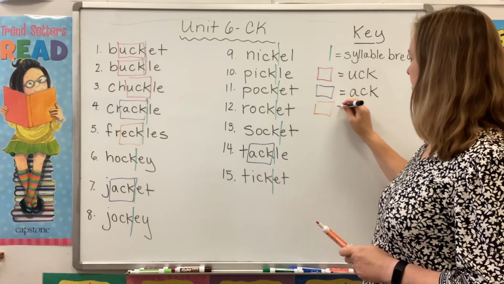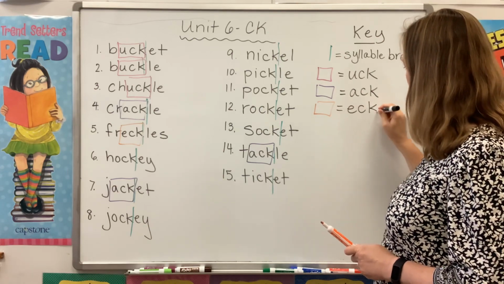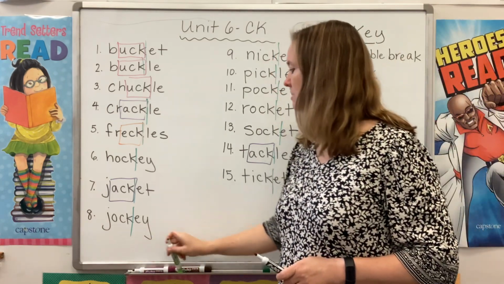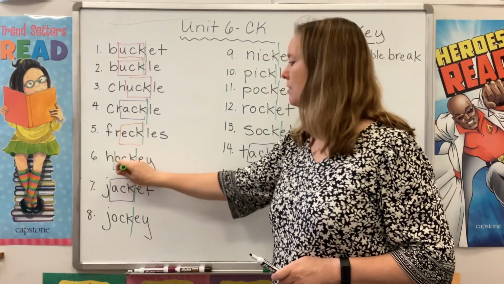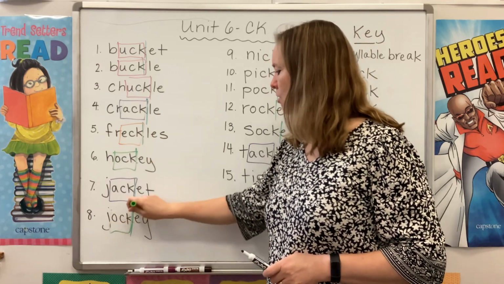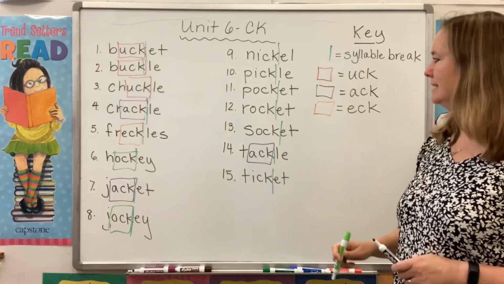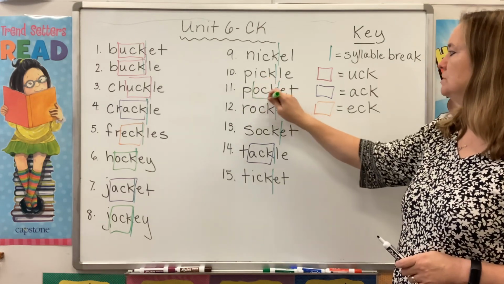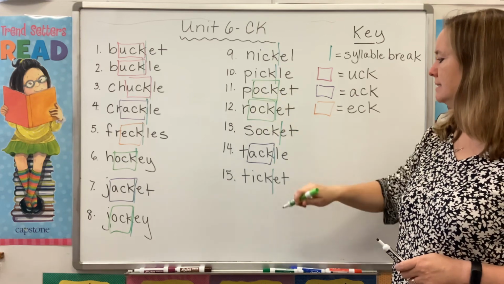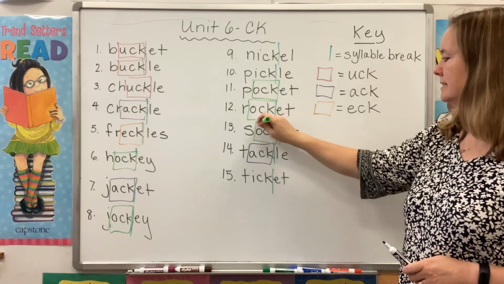That's it. All right, take your next color, put it around the OCK in hockey, the OCK in jockey, the OCK in pocket, rocket, and socket.